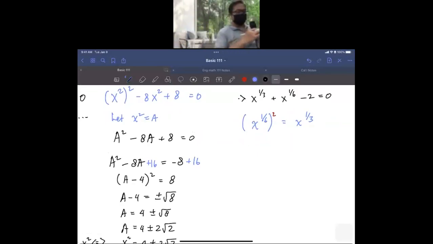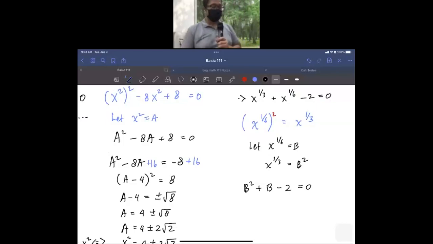Let's say b, to distinguish from the previous one. Let b be x to the 1/6. So the x to the 1/3 becomes b squared. Now you have b squared plus b minus 2 equals 0.